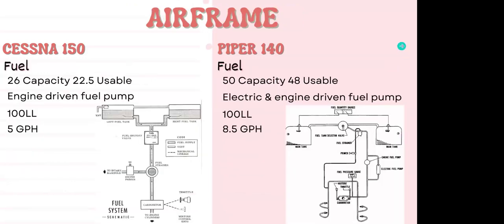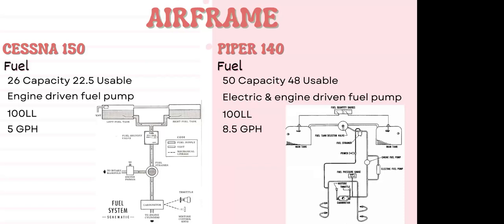Okay. Let's talk about airframe and let's talk about fuel specifically. So again, luckily, we have some pretty straightforward fuel systems, and actually in the Cessna and Piper, they are still pretty similar, but they have one or two definitive quirks. So we'll start off with Bluebell again. With the fuel capacity, we have 26 gallons capacity on each side, 22.5 usable.